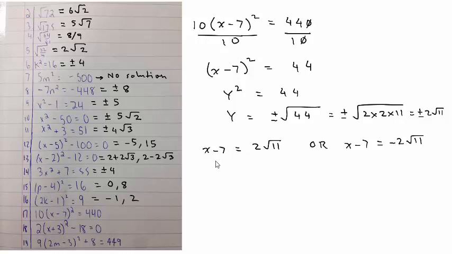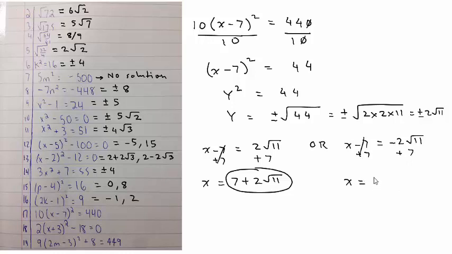Now that's x minus 7. We need x. So we add 7. So we have x is equal to 7 plus 2 square root of 11. That's on one side. Or if you add 7 to both sides of this equation, you have x is equal to 7 minus 2 square root of 11.